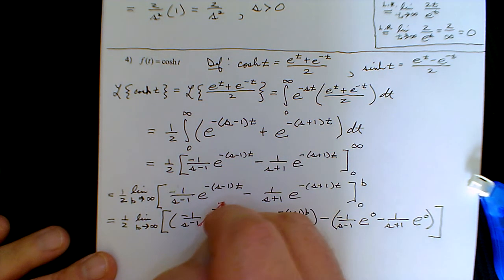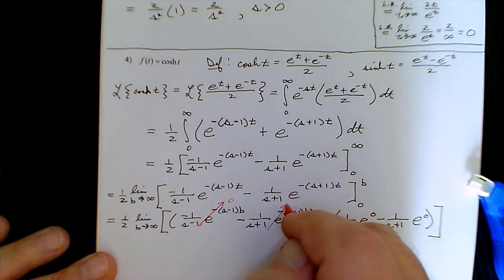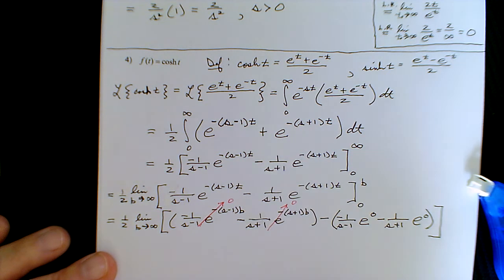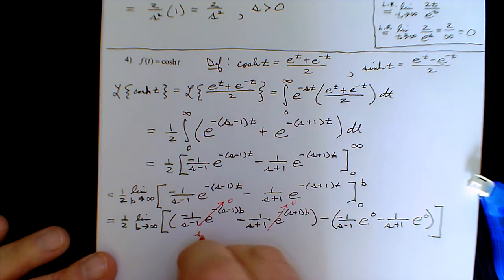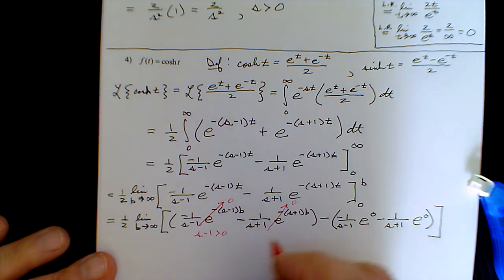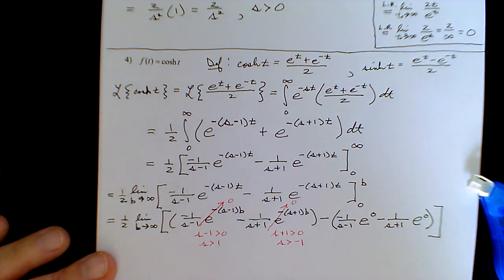But we have to claim the restrictions. And now we've got two restrictions. This is for s minus 1 being greater than 0, and this one's for s plus 1 being greater than 0. So s is greater than 1, and s is greater than negative 1.